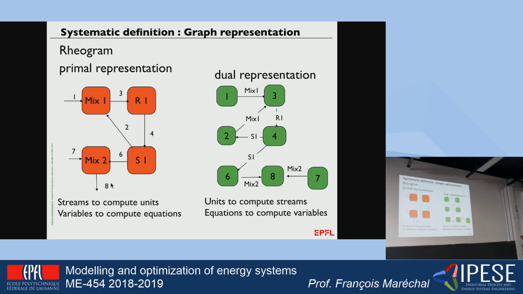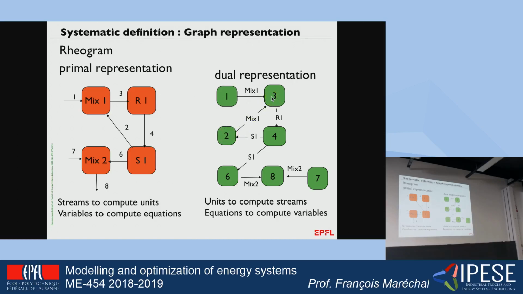And what I can also say is that if I'm looking at this flowsheet, I can invert it, which is what we name the dual representation, which is going to say that 1 is coming from outside, so it is known. And if I'm applying mix 1, then I will be able to find the stream number 3. But the stream number 3 is also needing the stream number 2 via the mix 1.